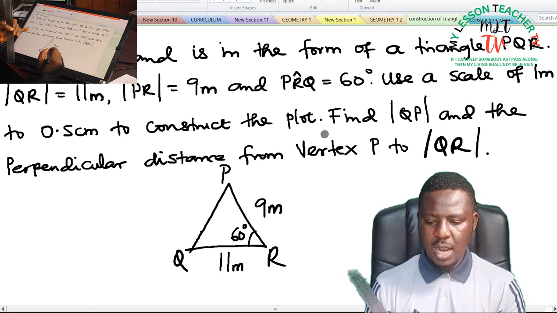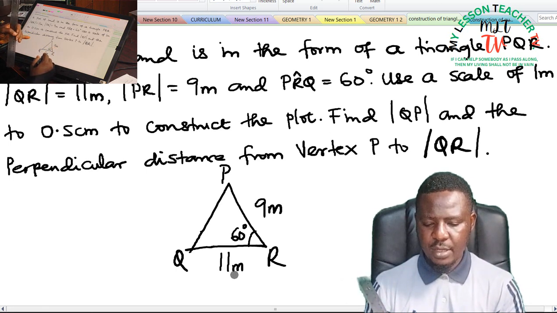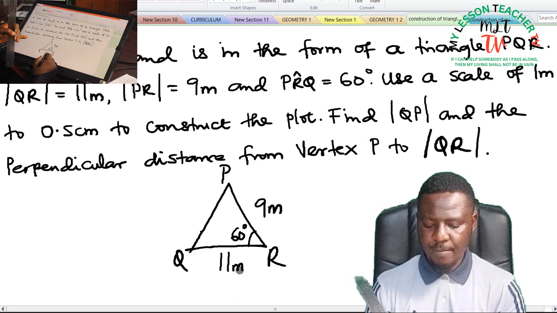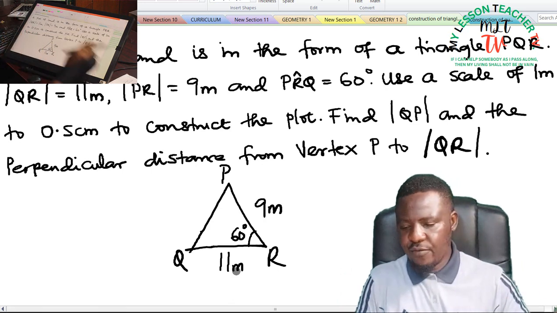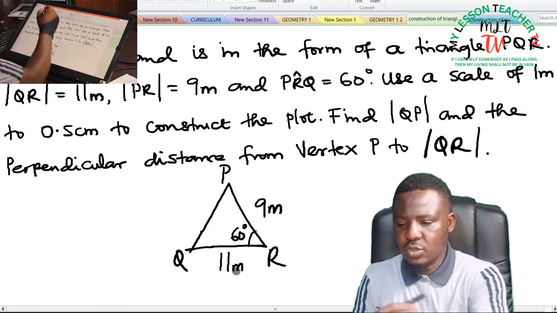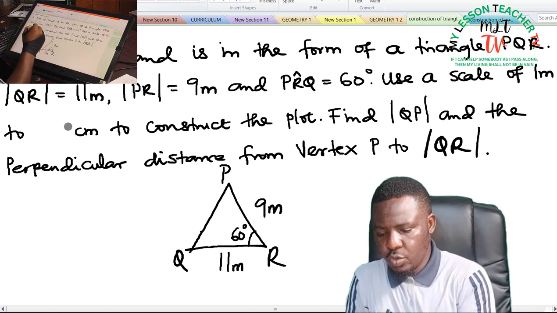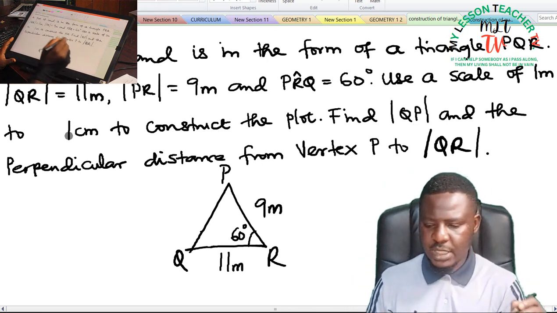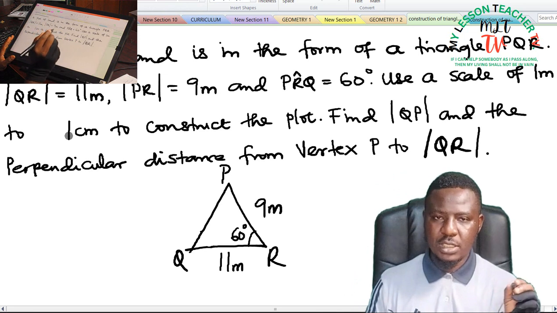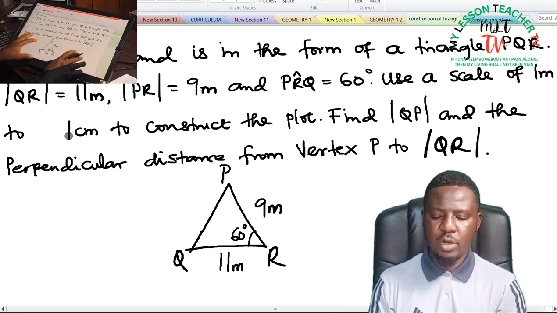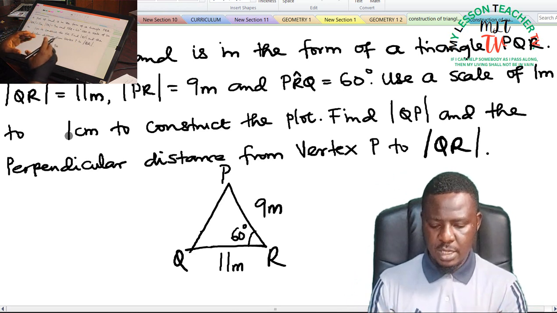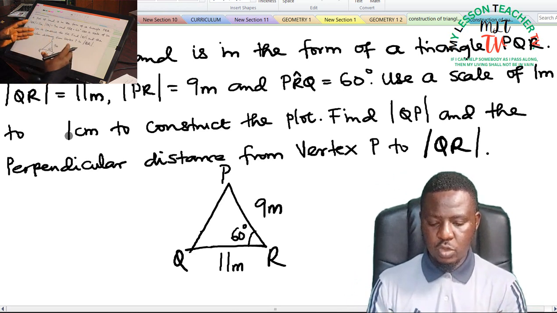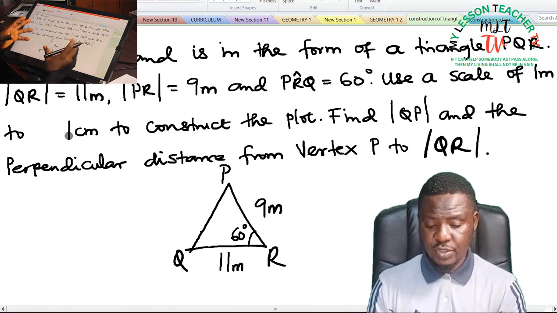Okay, rather, I would prefer to use 1 meter to represent 1 centimeter. So let me use a scale of 1 meter to represent 1 centimeter, because since I'm working on the board, if I'm to use 1 to 0.5, it's going to make my construction very small.